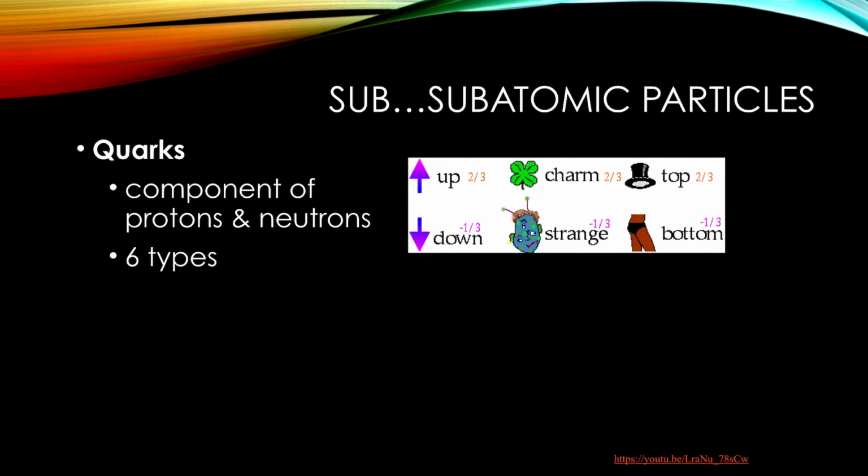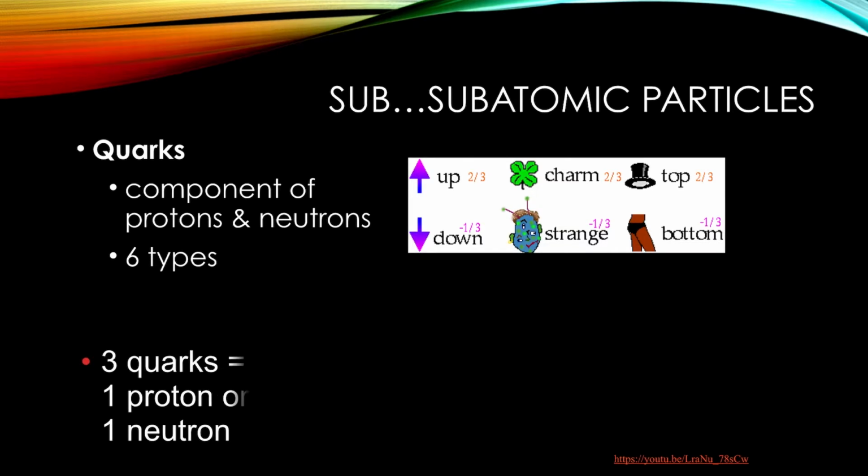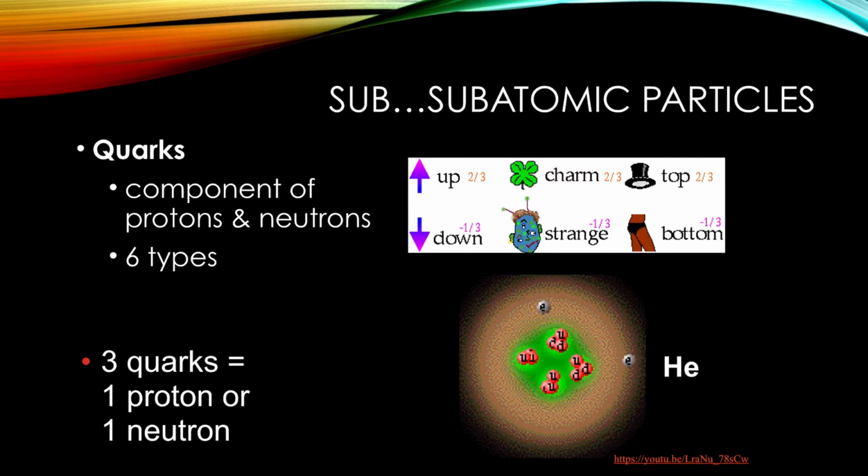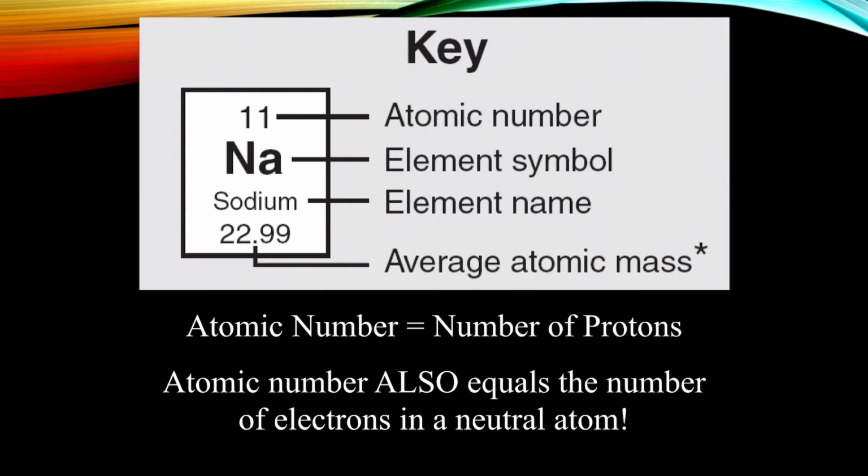Some scientists think that these quarks actually have characteristics that make different protons have different characteristics, but we're not going to talk about these very much. 3 quarks equal a proton or a neutron, so you might have like 2 ups and a down, or a charm and 2 strange, and that's how that works.